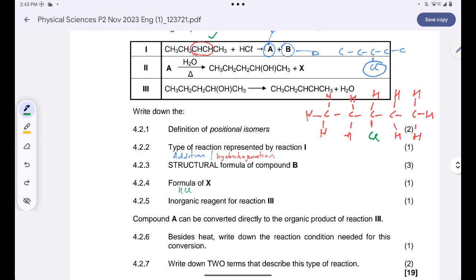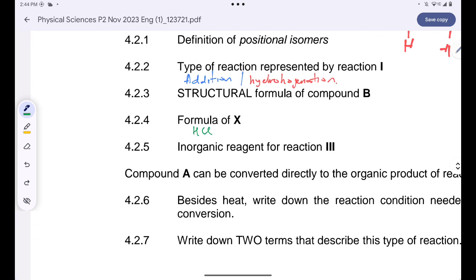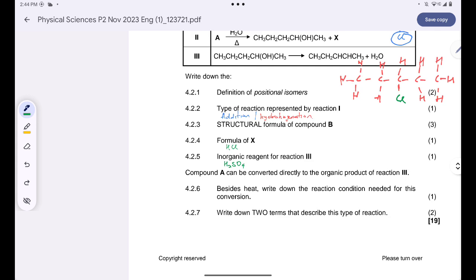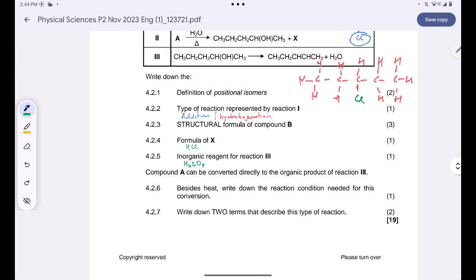We have an elimination reaction, and we are eliminating water, so we need a dehydrating agent. For this type of reaction, we will need concentrated sulfuric acid. It will act as a dehydrating agent. It will eliminate the water from the organic compound.